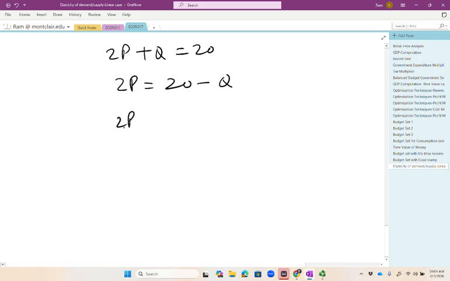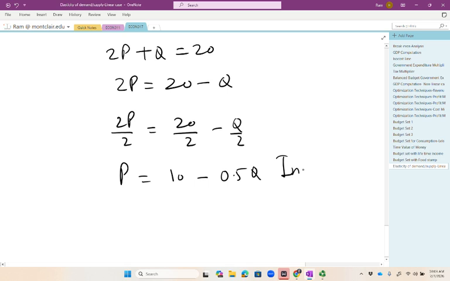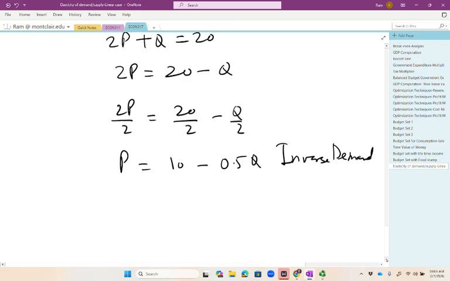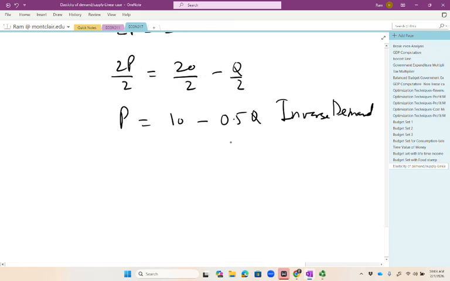But then I need P by itself rather than 2P. So I will divide each term on both sides by 2. So I get 2P over 2 equal to 20 over 2 minus Q over 2. So I have P equal to 10 minus 0.5Q. So this is the inverse demand. And now we can find out the slope.